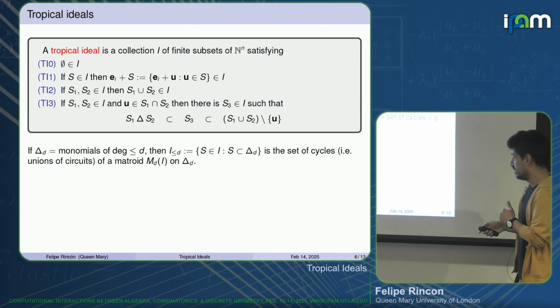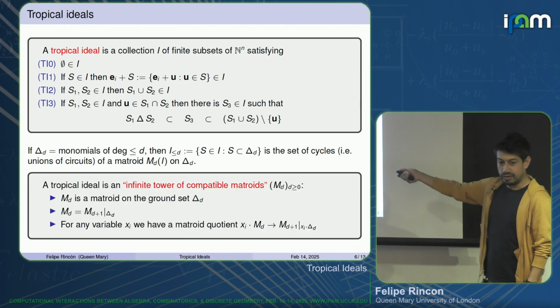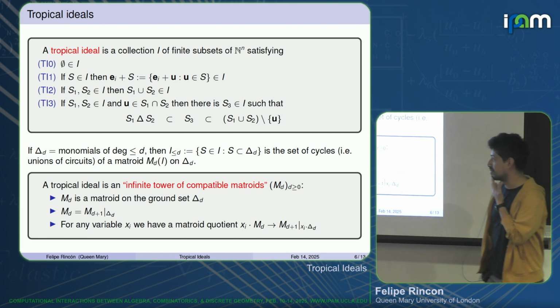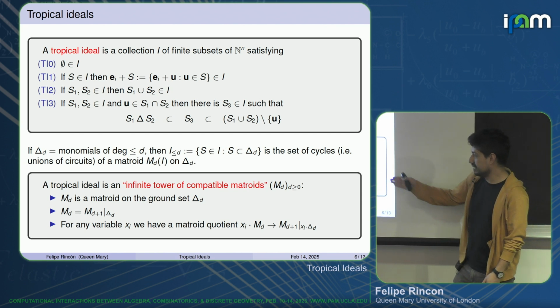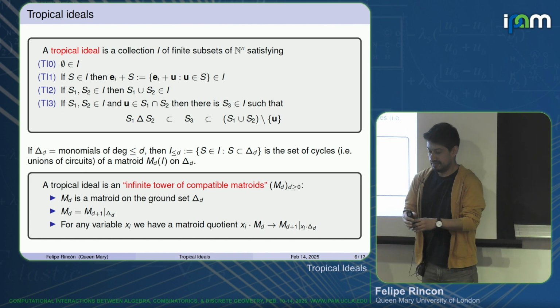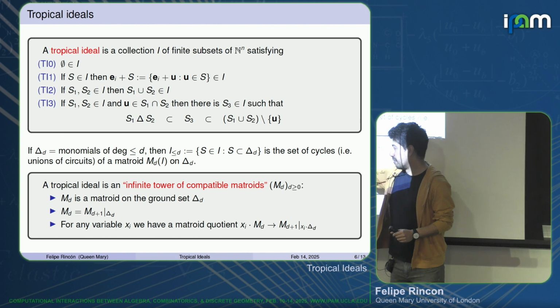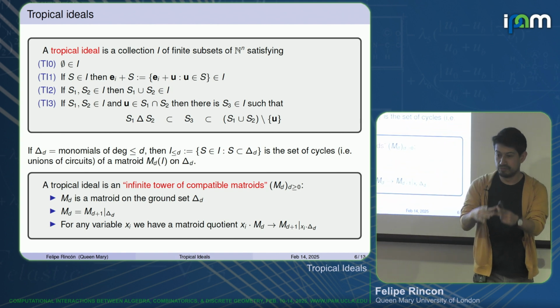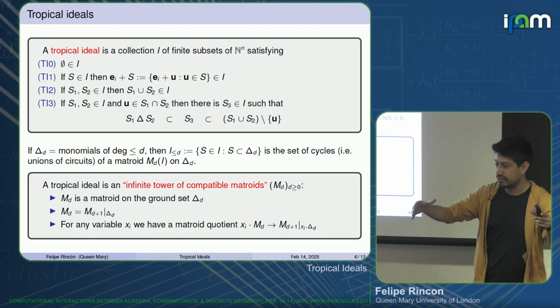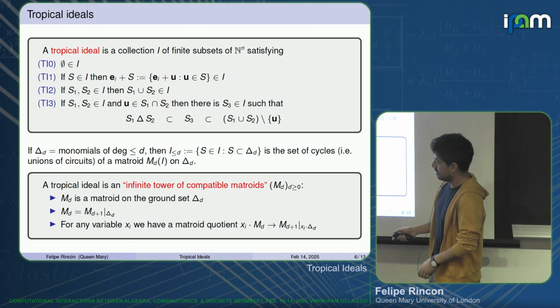And then here's an equivalent definition based on what I just said, which is actually the way I think about tropical ideals. It's an infinite tower of compatible matroids. The ground sets of these matroids are monomials of degree D. You have a matroid on the variables, a matroid on the quadratic monomials, a matroid on the cubic monomials, and so on.